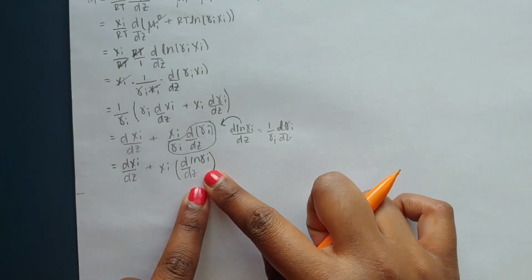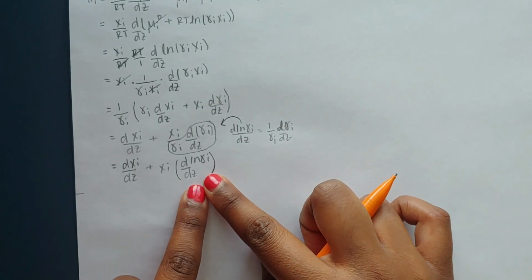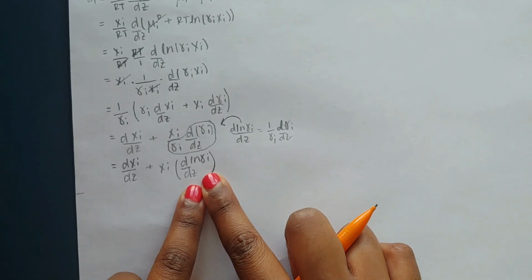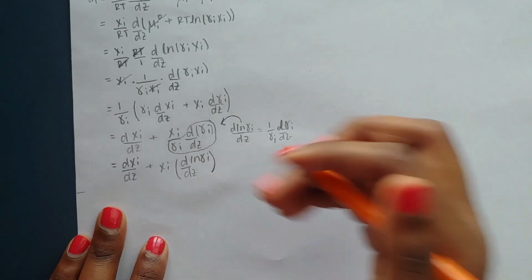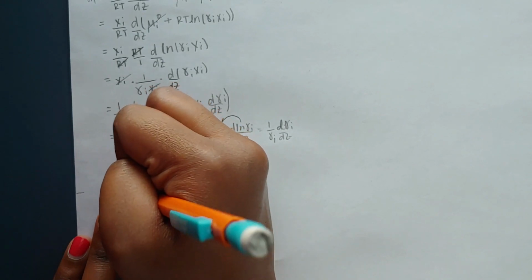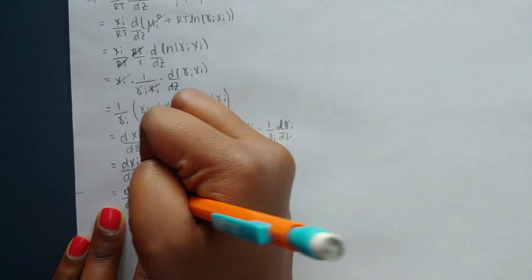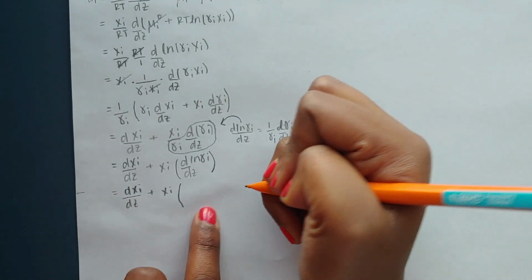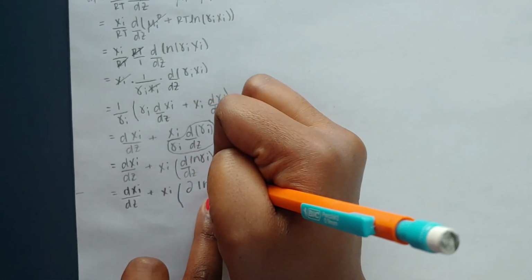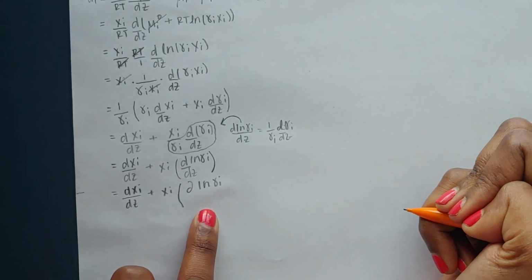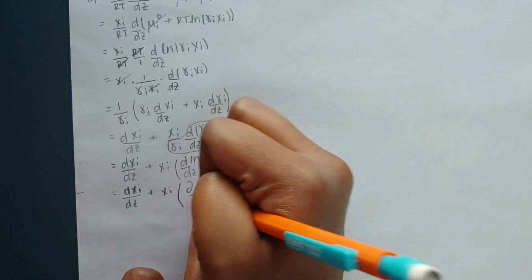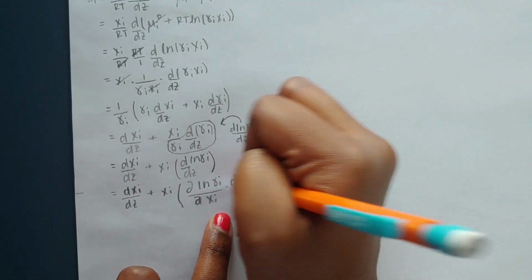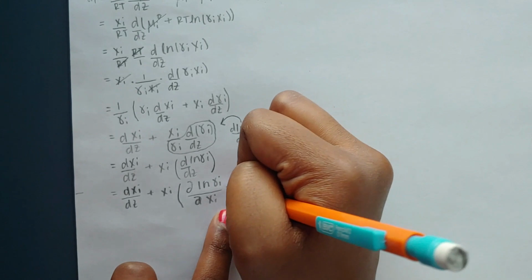So this part, we'll now be writing out in terms of our mole fraction, our xi. When we expand that out, it'll look like this. We'll have the partial derivative of the natural log of gamma i over the partial derivative of xj times the derivative of xj over dz.